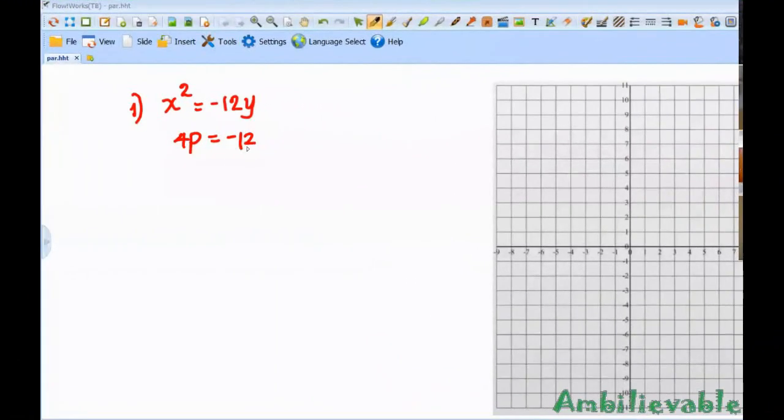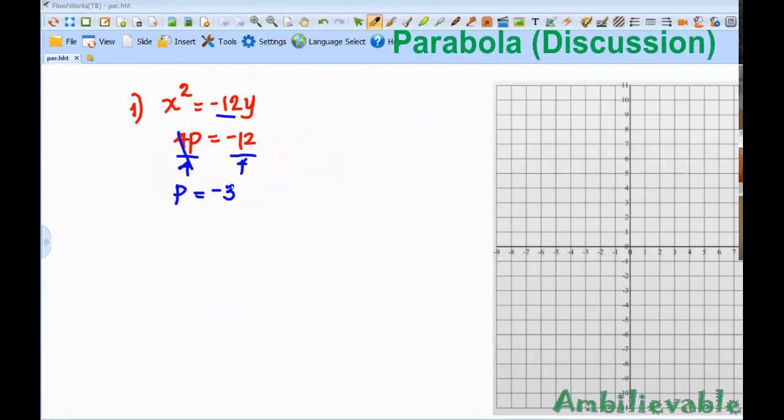Okay, so once again, x squared equals negative 12y. We will get the value of p by equating 4p to negative 12. Divide both sides by 4, then p is equal to negative 3. Since it is x squared equals negative 12y, our parabola opens where?